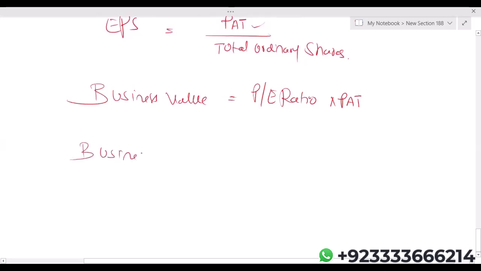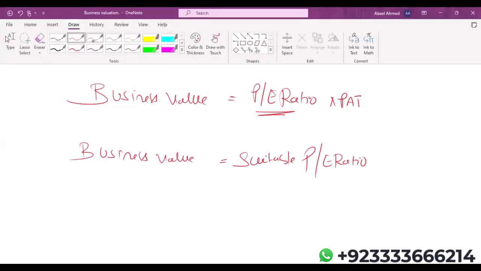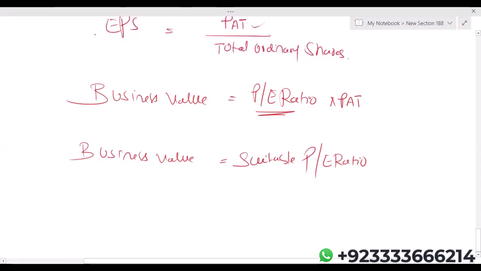Now let's make it more logical. Business value is equal to, instead of P ratio, I'm writing a suitable P ratio. I've changed the term from P ratio to suitable P ratio. We'll discuss what you mean by suitable P ratio.